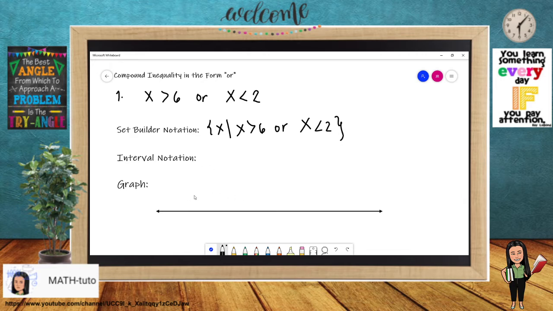For interval notation, before we do that, let us first put it on a graph. What will be the graph of x greater than 6 or x less than 2 together?